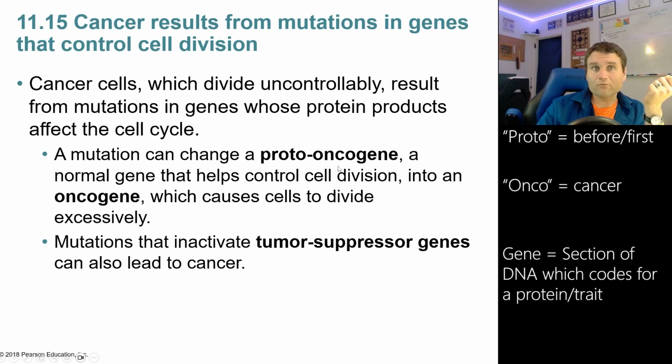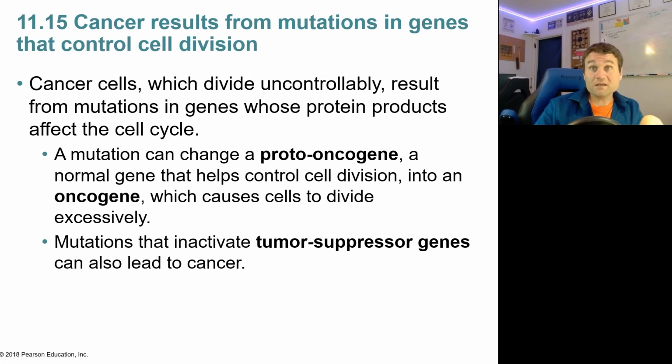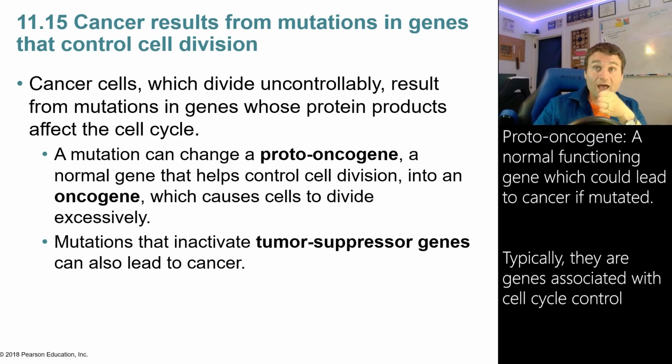So what is a proto-oncogene? It's any normal gene inside your genome, genes that are supposed to be there, that have a role in either speeding up cell division or slowing down cell division, or have a role in one of those checkpoints I was just talking about. It's going to stop cell division until this criteria is met.